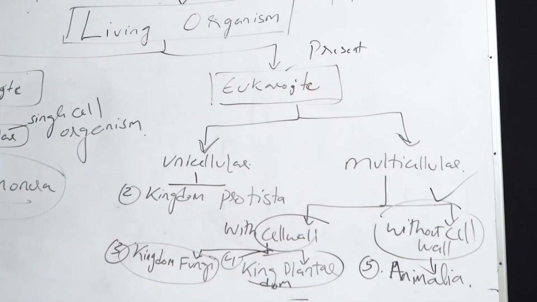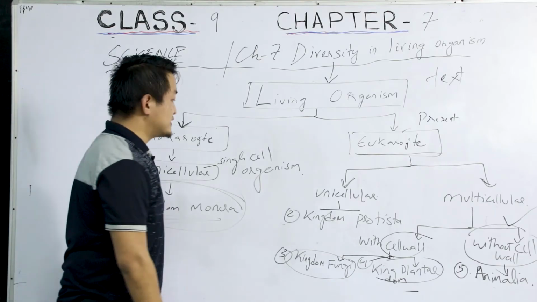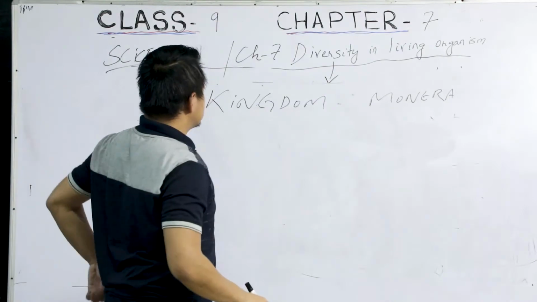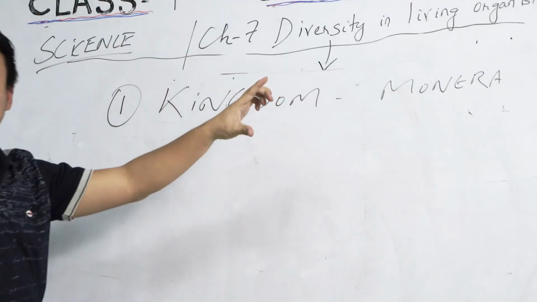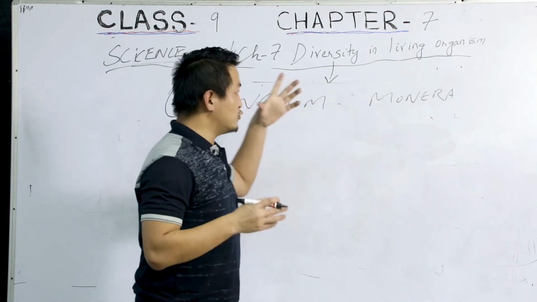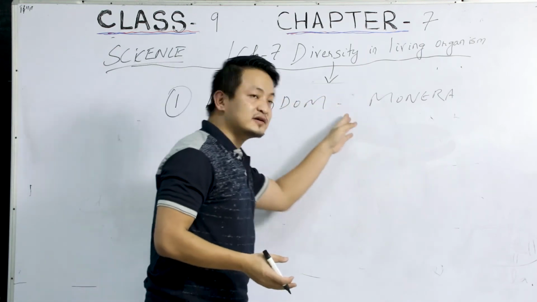Now, we will start from the first kingdom, that is kingdom Monera. Students, this is the first kingdom. Let's start with the examples: what organisms fall under this kingdom?